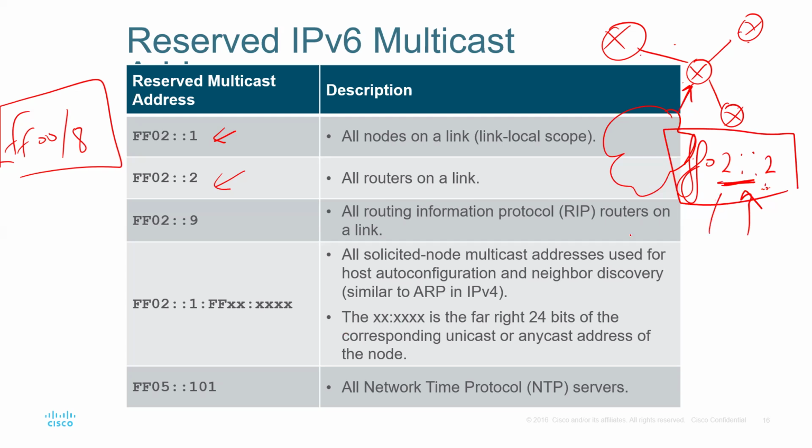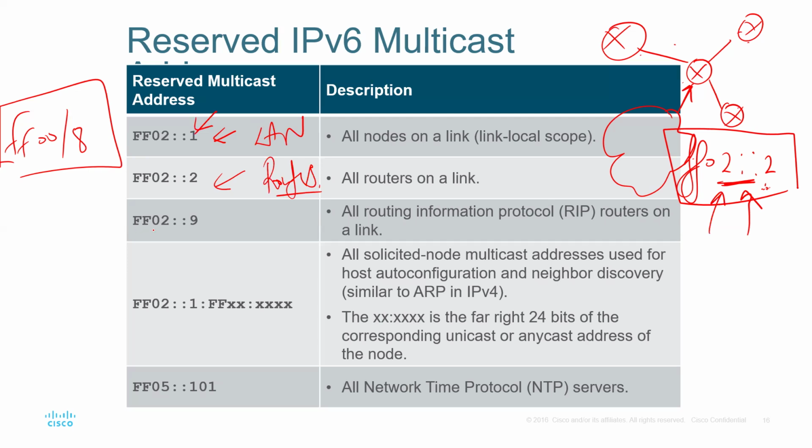There is a specific multicast address which only sends to routers. This one only sends to addresses on a local link. So you send to all routers connected to the router and send that information.